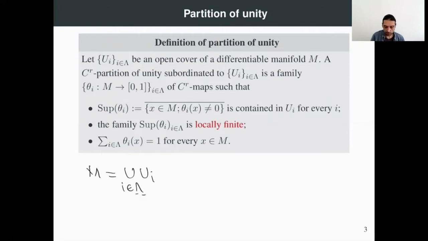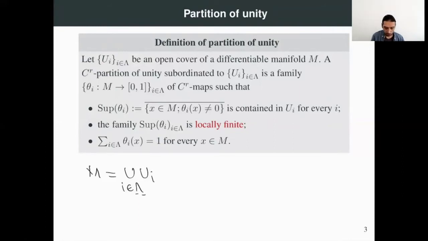That's what being a cover means. And a C^r partition of unity subordinated to this open cover is a family of C^r maps such that the following conditions are satisfied. The first one is that the image of these maps is contained in the closed interval [0, 1].